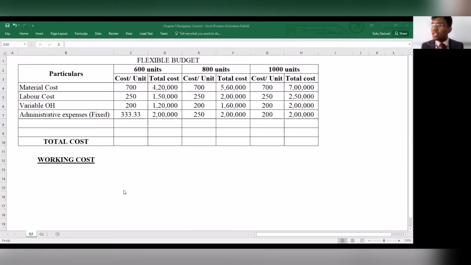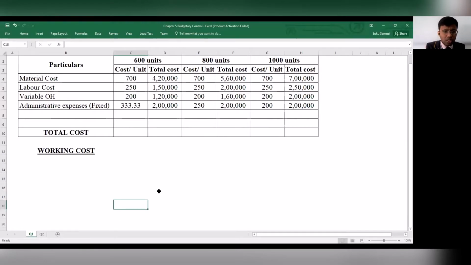So 20% of selling expenses is fixed, 80% is variable. This is an example of semi-variable cost. So selling expenses is a semi-variable cost, and this semi-variable cost will have two components.